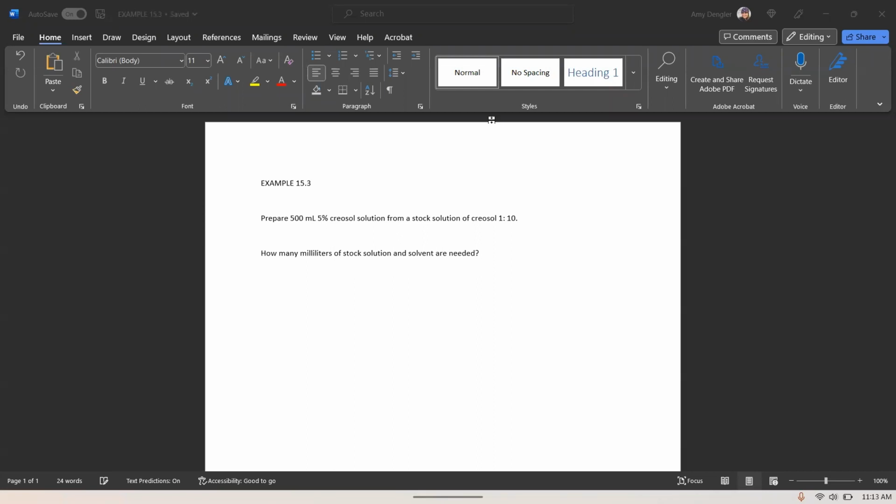Example 15.3, prepare 500 ml of 5% creosol solution from a stock solution of creosol 1 to 10. How many milliliters of stock solution in solvent are needed?